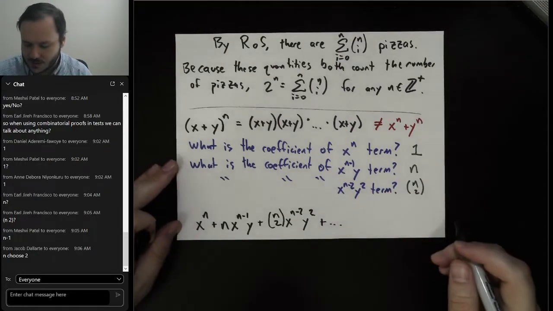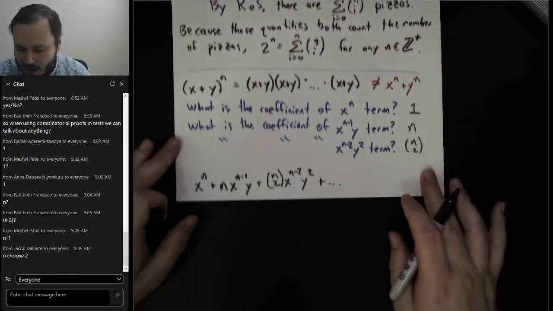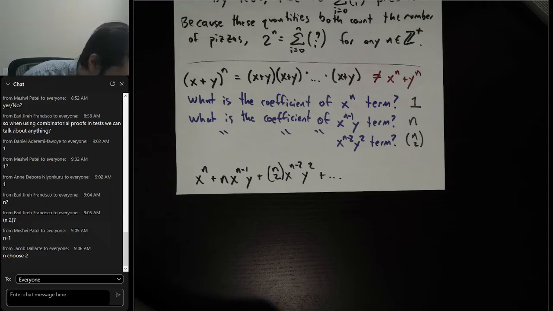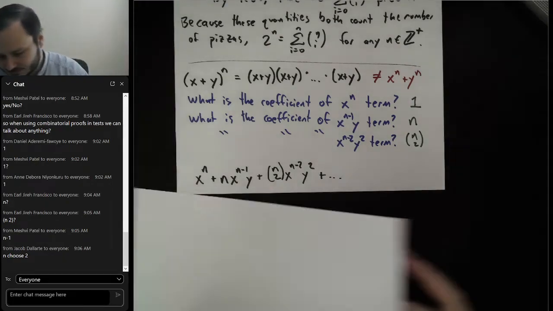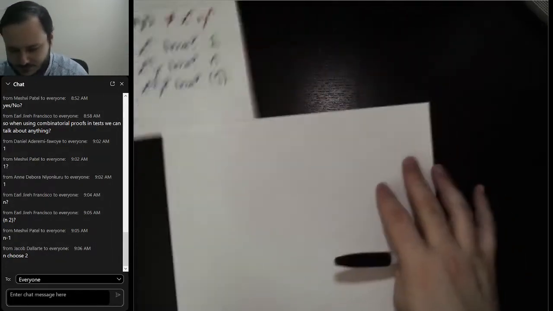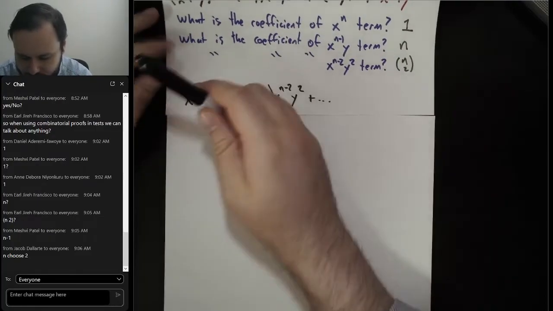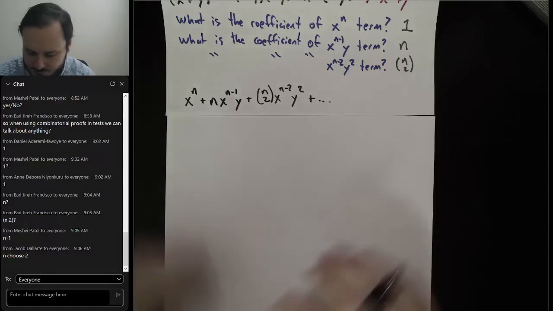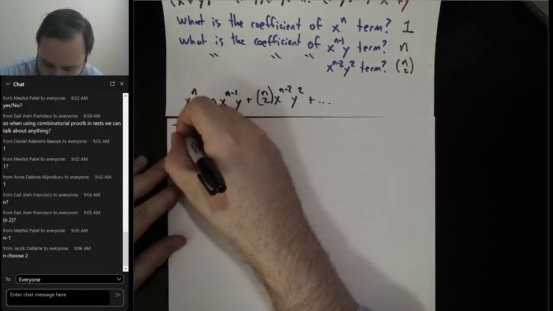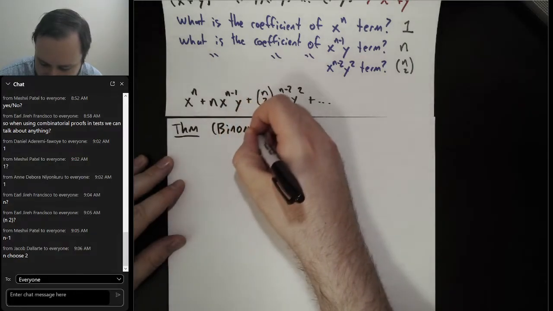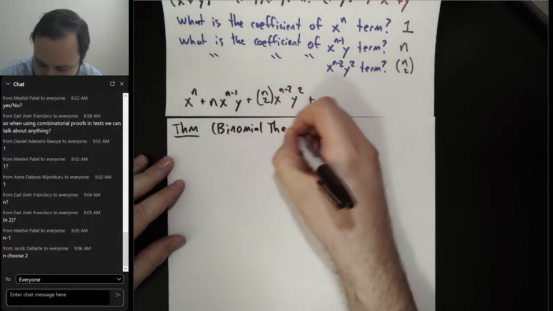And I can keep going. And what this gives me is the binomial theorem. Keep this up for another second. This is the binomial theorem.